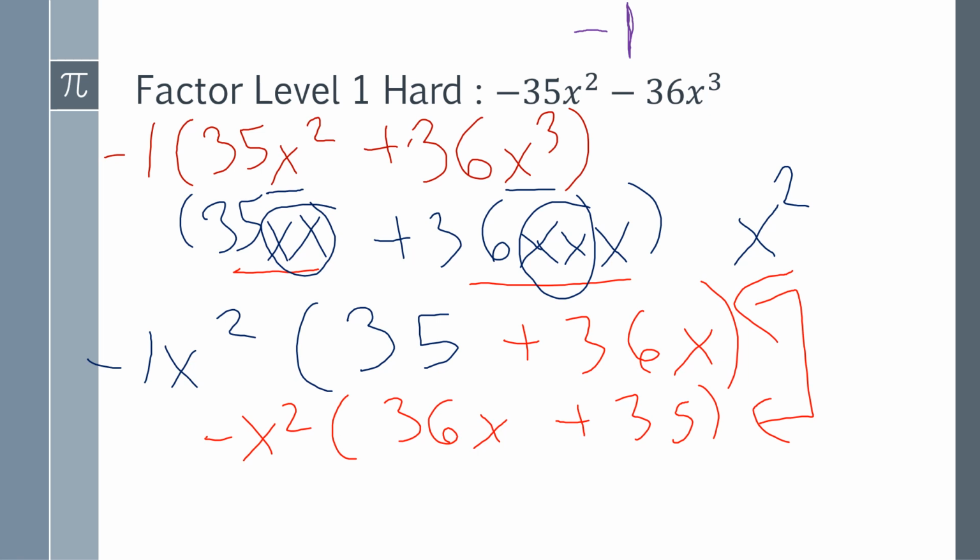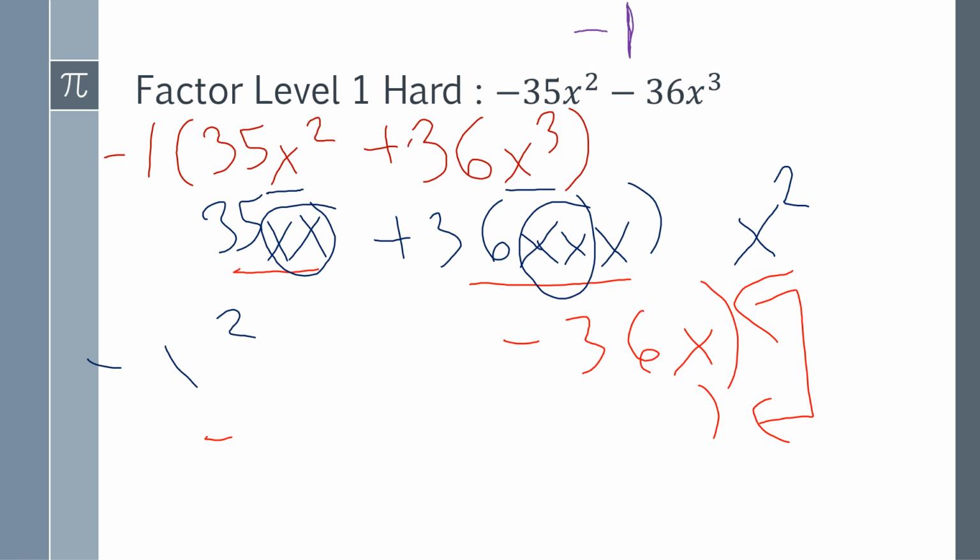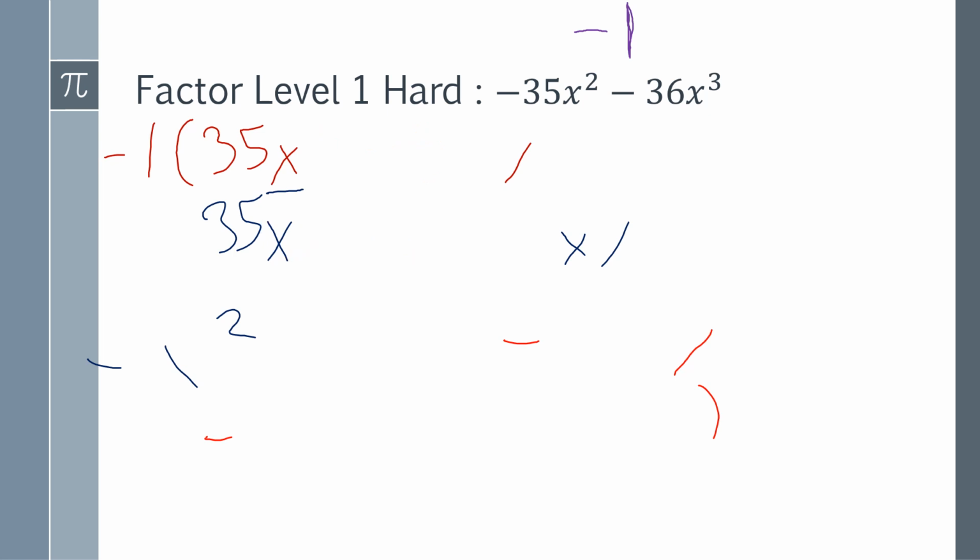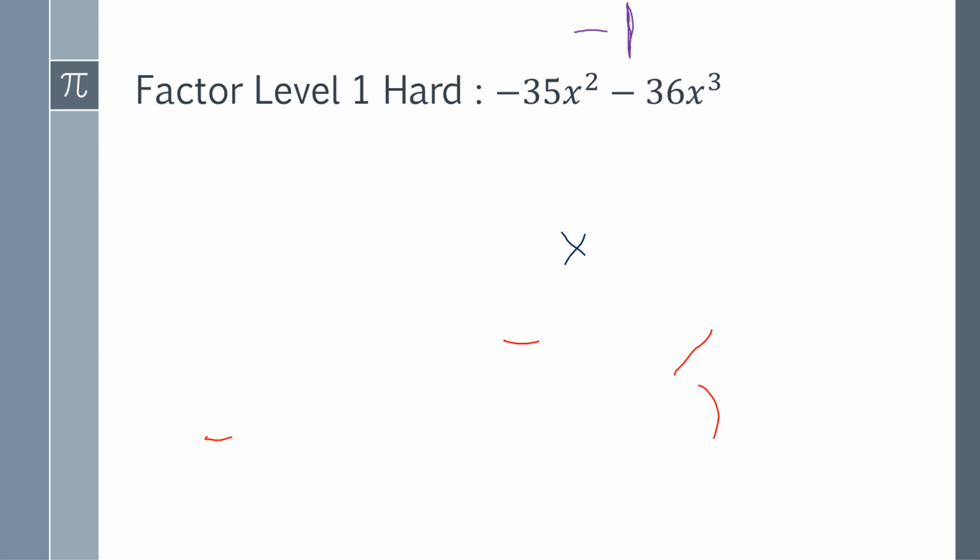Now, why did I write it like that? The reason why I wrote it like this is because when you deal with polynomials, and again, if you feel like I'm moving too fast, just go back and replay the video.